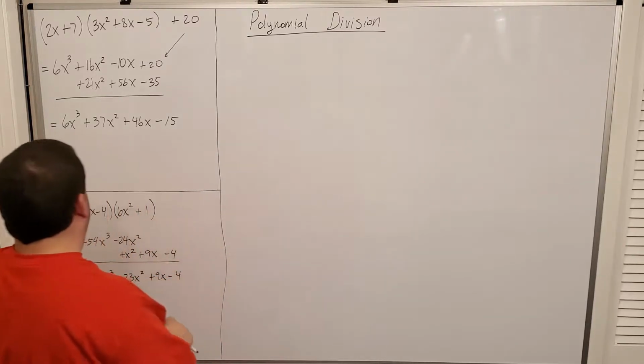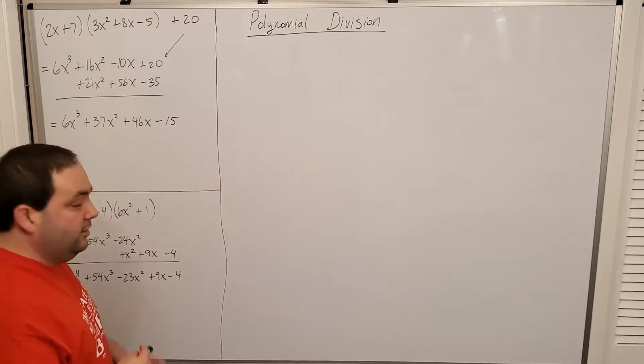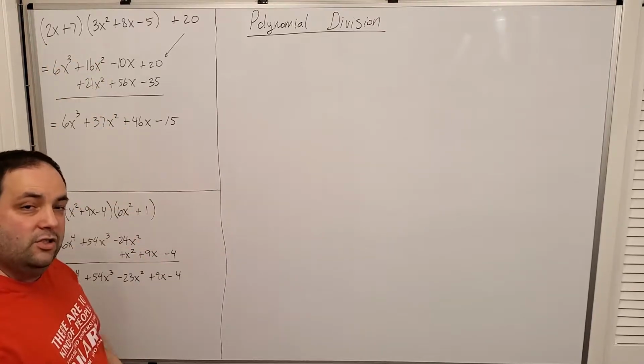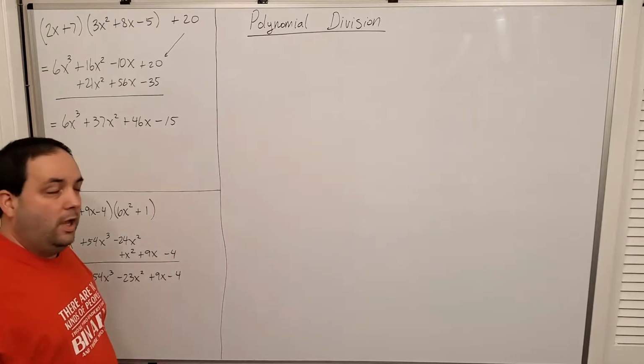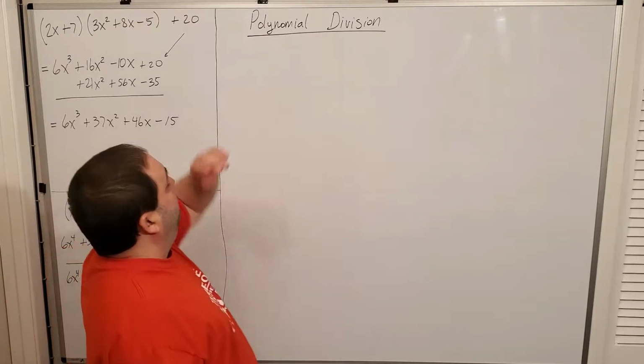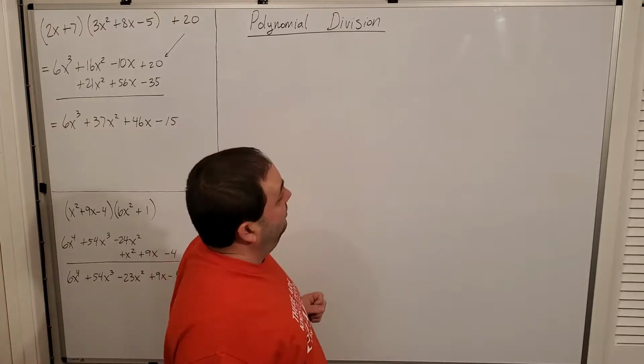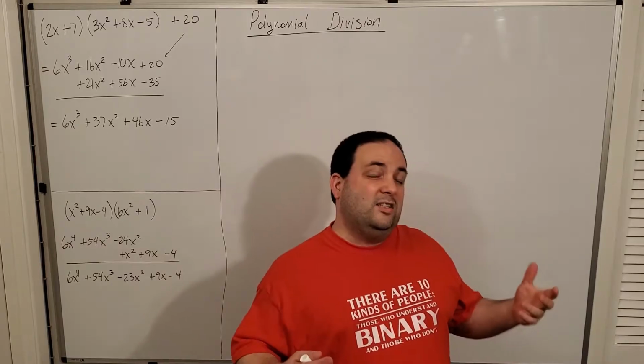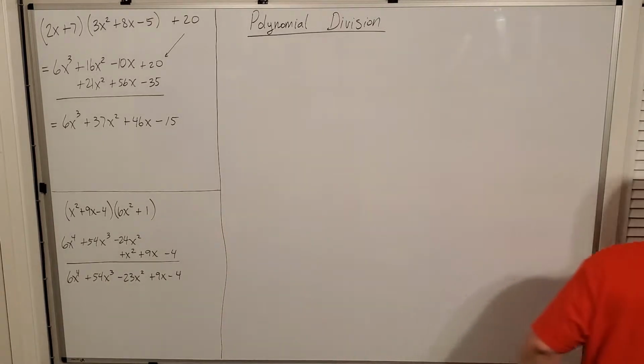All right, so now what I want to do is show you how we're going to take these multiplications and reverse them, okay? So polynomial division, the first method is the one that you're probably the most used to, and that is long division, okay?